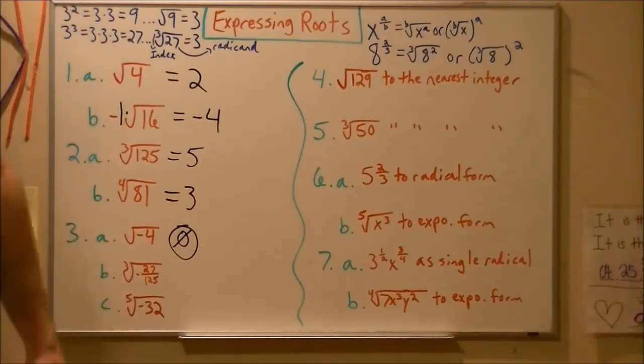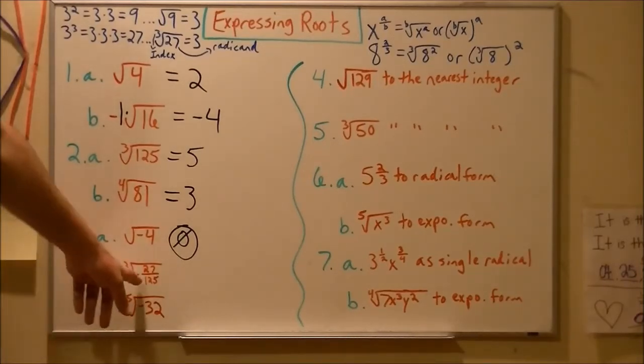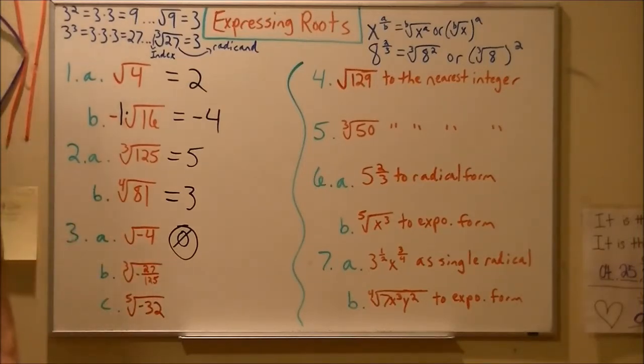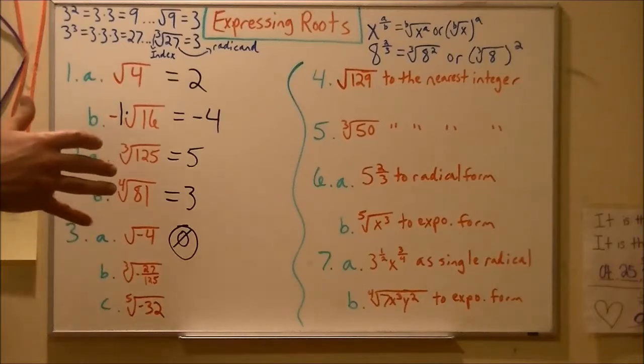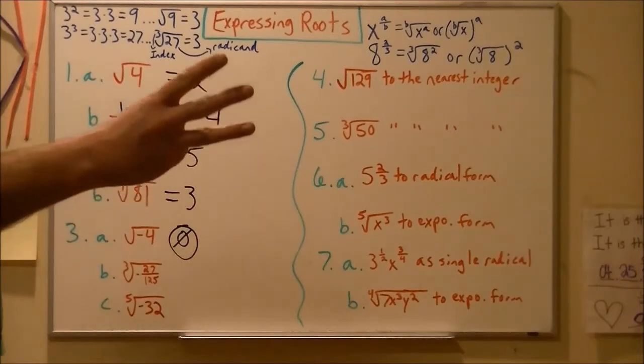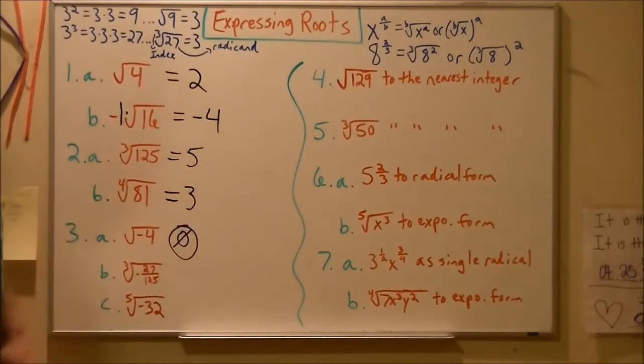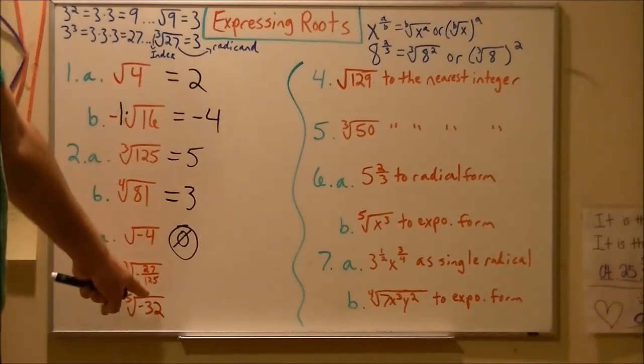3b looks the same, but it's different. Look, there's a negative number, but it's underneath a cube root. Is it possible to multiply a number by itself twice, so that when it's all said and done, you have a total of 3 multipliers that are negative, and you still get a negative answer? Yes.